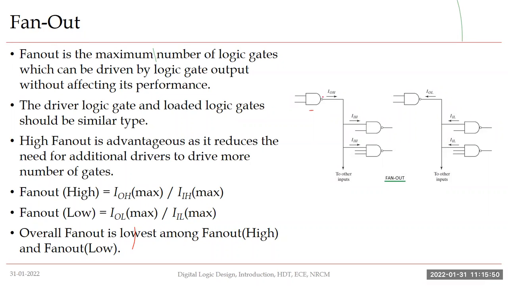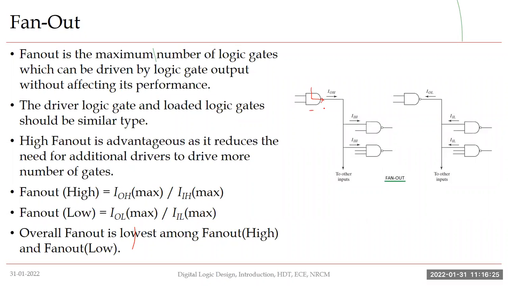Because the current comes from VDD and the internal components. The higher the current flow, the more the device will heat up. If you connect too many devices, after it reaches maximum capacity, it will not be able to give sufficient current to these devices.